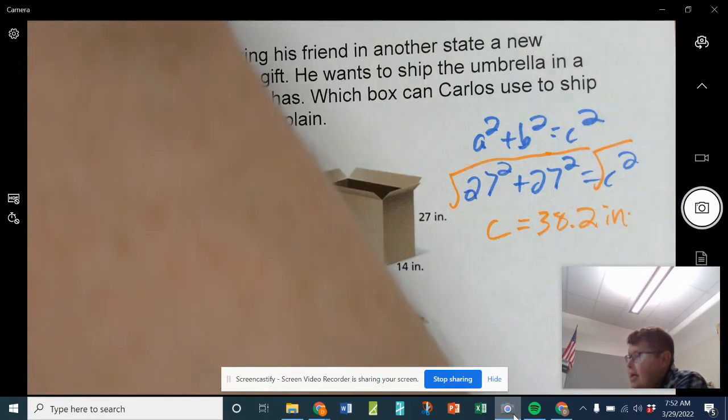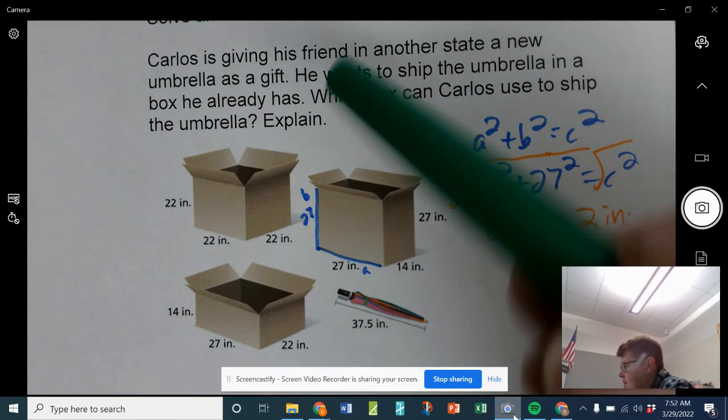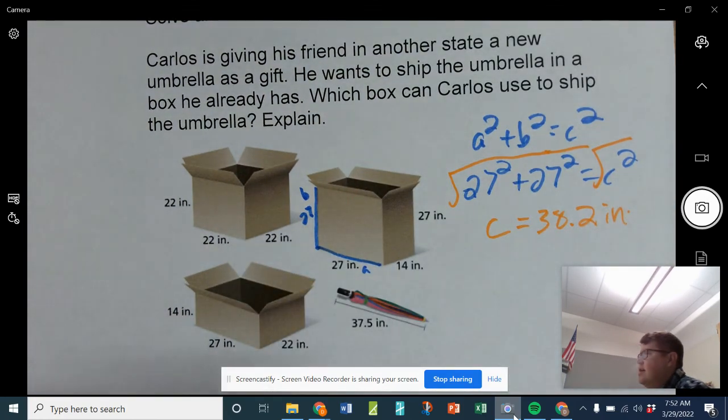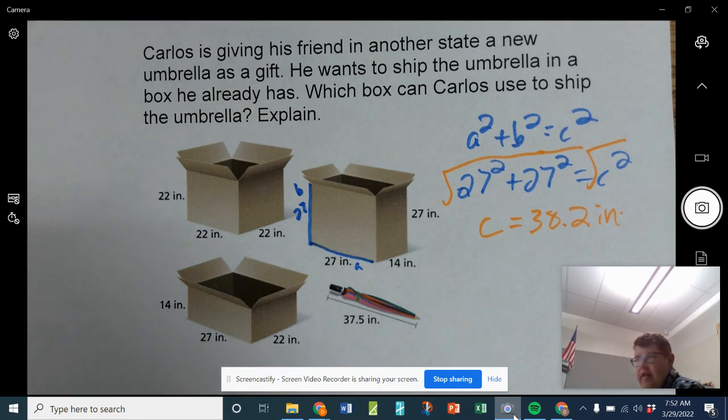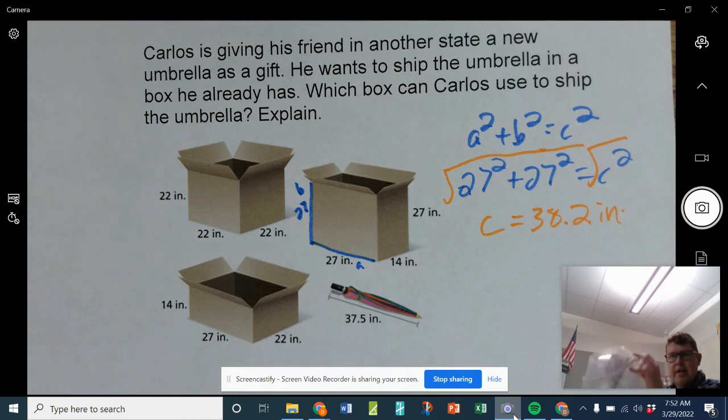But since this is a three-dimensional problem, with these three-dimensional boxes, rather than fitting it flat like this, we can angle it in to take advantage of that third dimension, which will give us a slightly longer hypotenuse.